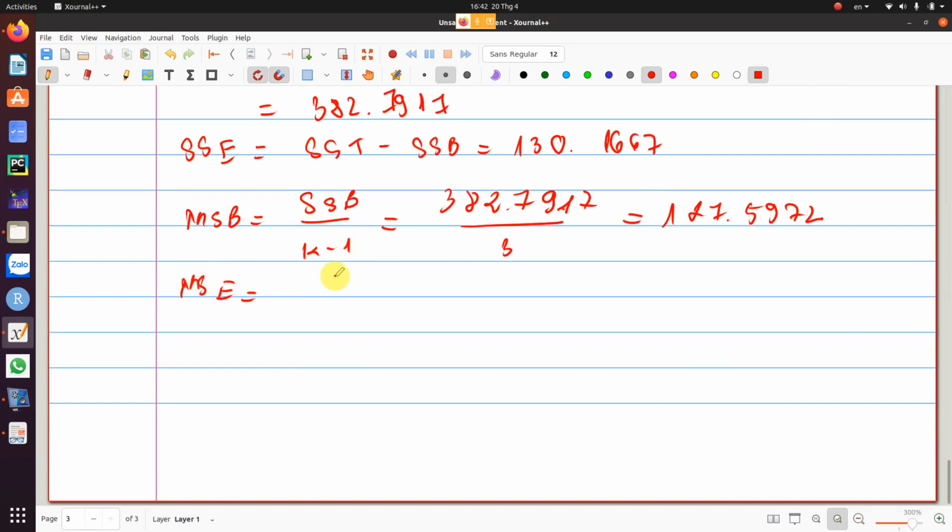Then MSE equals SSE over k times n minus 1. So 130.1667, k is 4, n minus 1, we have 6 minus 1, we have 5, so we have 20.